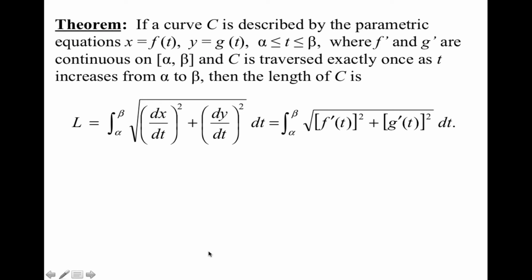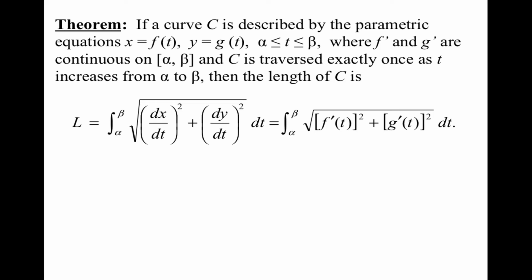So this leads us to the theorem that if a curve C is described by the parametric equations x equals f of t, y equals g of t, where t is between alpha and beta, where f prime and g prime are continuous on alpha to beta, and C is traversed exactly once as t increases from alpha to beta.